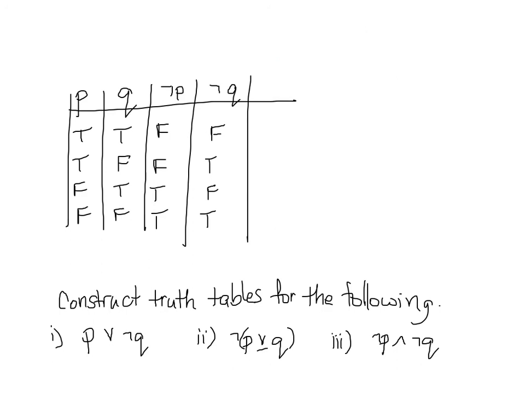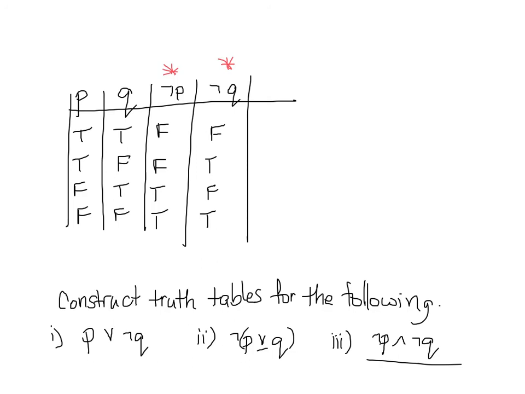Now, finally, we can do part 3, which is not P and not Q. Since we already have not P right here and not Q right here, we only have to focus on those two columns. If we didn't have them, we would create them so we could focus on those two columns.